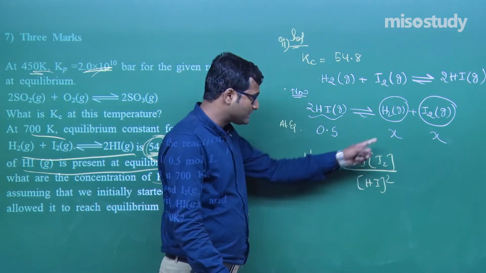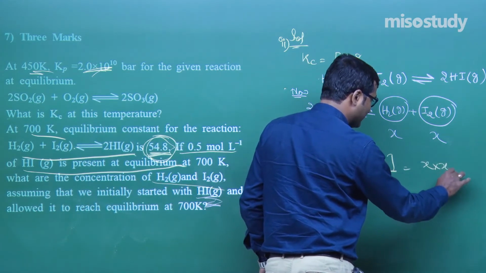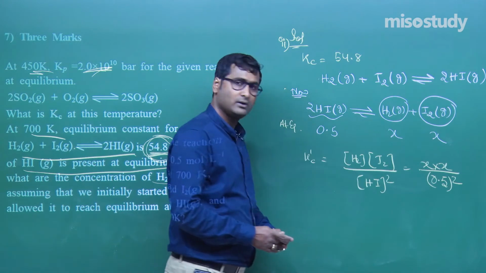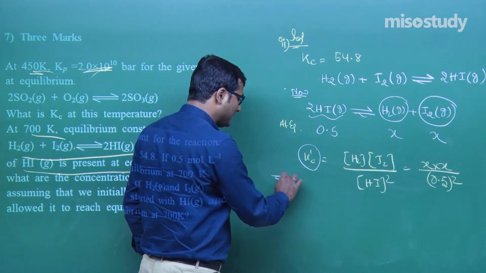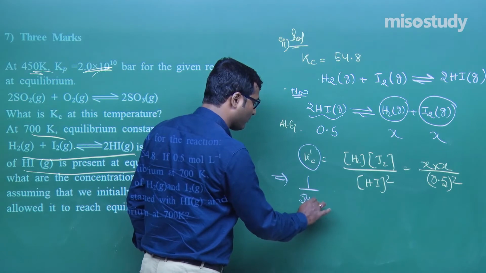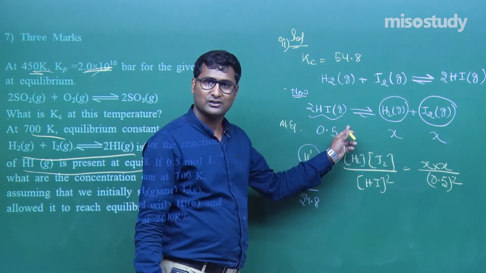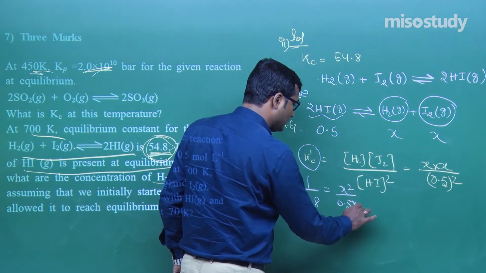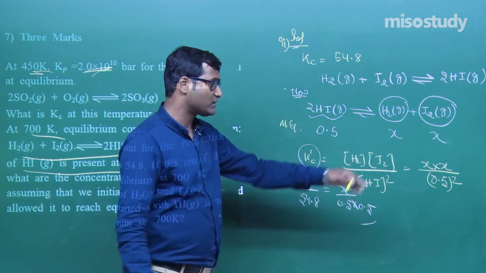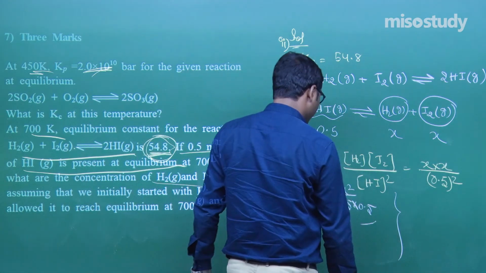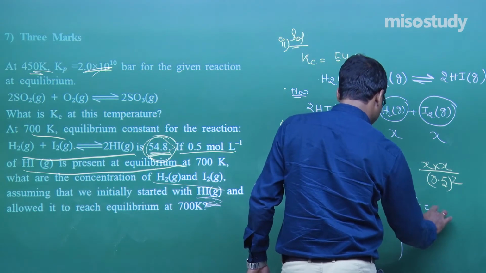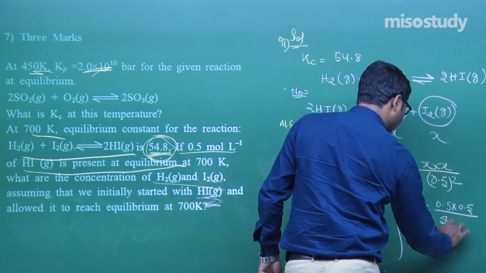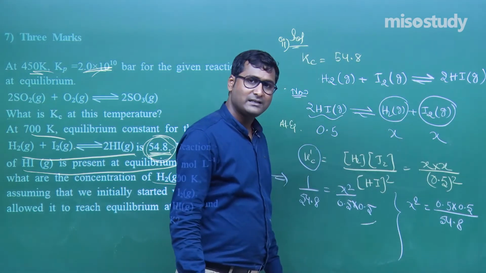The product concentration is X into X, upon reactant concentration 0.5 to the power 2. K dash C is 1 upon 54.8, because we are reversing the reaction. So X square upon 0.5 square. X square is equal to 0.5 into 0.5 upon 54.8. Am I right?